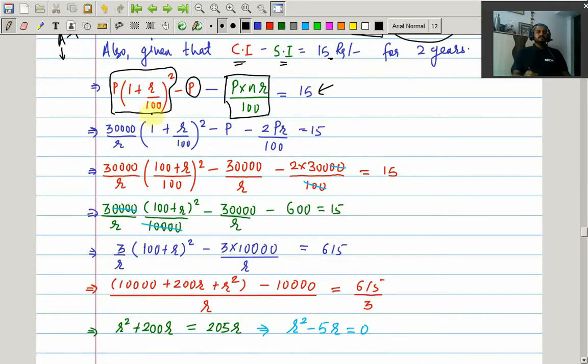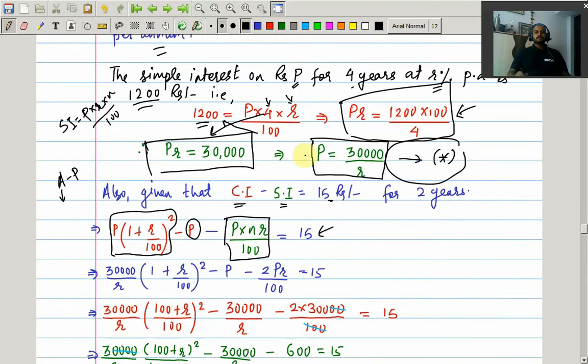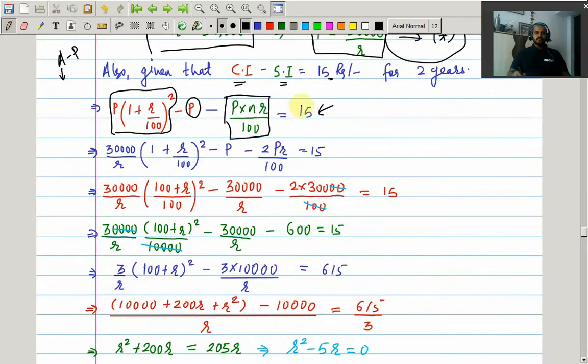Next step. So what is P? Instead of P, I am writing from equation star: P is 30,000 upon R. So I am converting this equation into the language of R. Instead of this P, I have written 30,000 upon R, and the bracket is as it is, raised to 2, minus this P, which I have written as 30,000 upon R in this step.